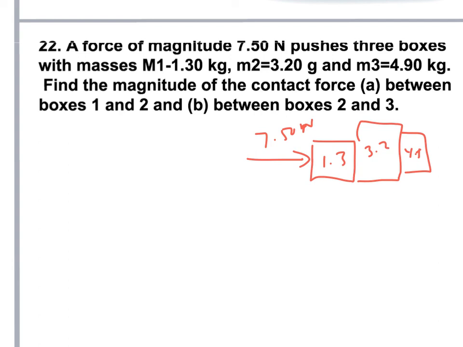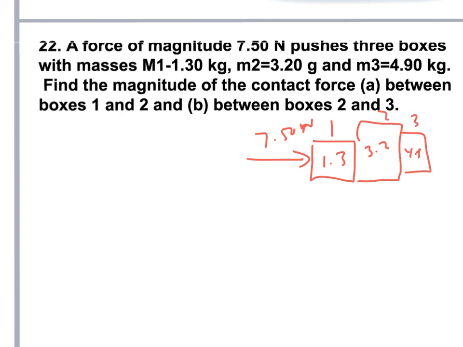We want to find the magnitude of the contact force. So the force is exerted on the first box, which then exerts a force on the second box, and then the second box exerts a force on the third. So this could be 1, 2, and 3.